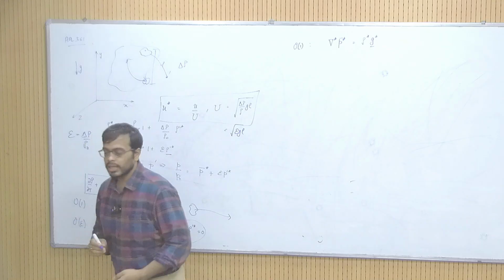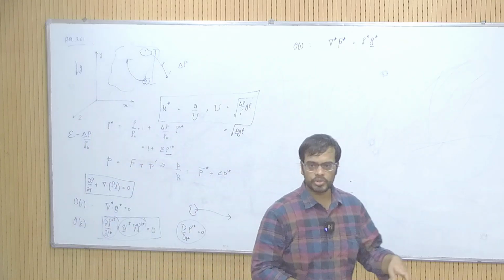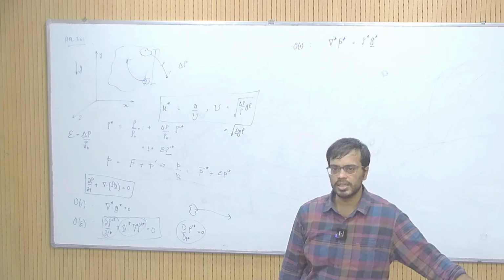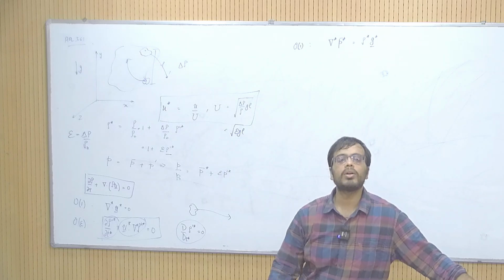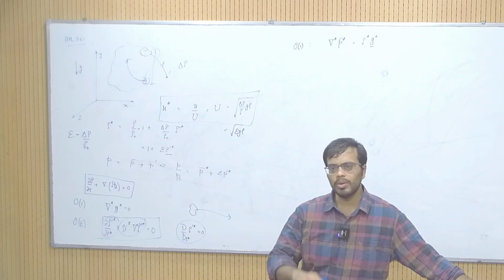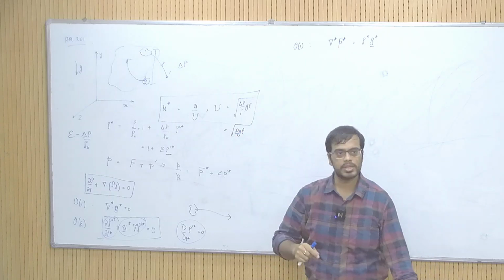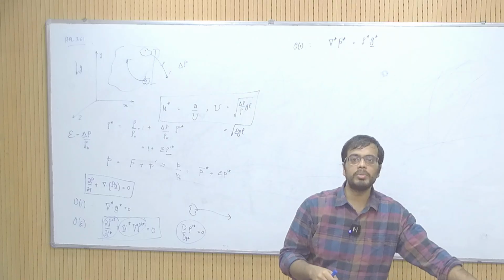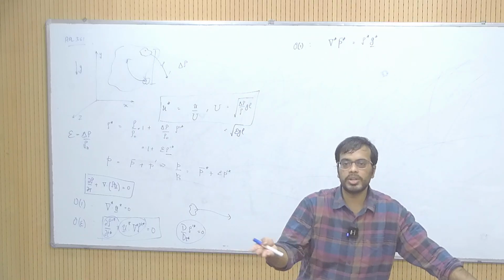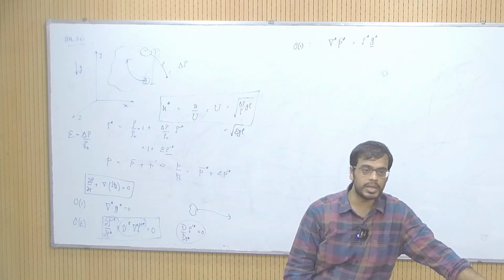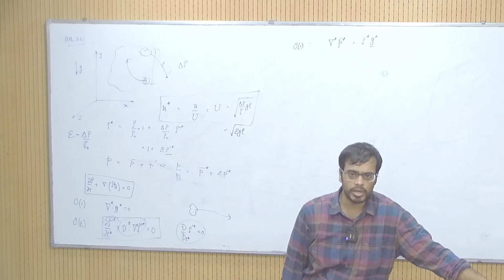So let us say in a flow you have density fluctuations which are at max 1% of the base density rho naught. Then order epsilon means that any quantity that you are looking at, if that non-dimensional quantity is order epsilon, then it will be order 0.01. If it's an order square root epsilon quantity, then it will be order 0.1.